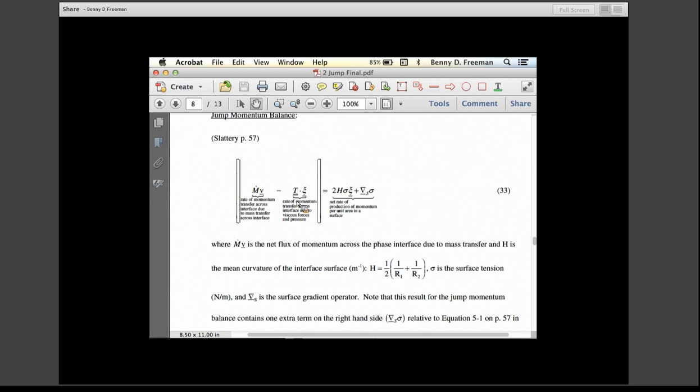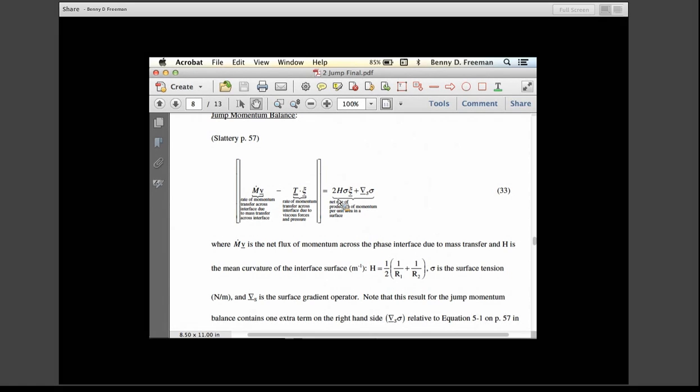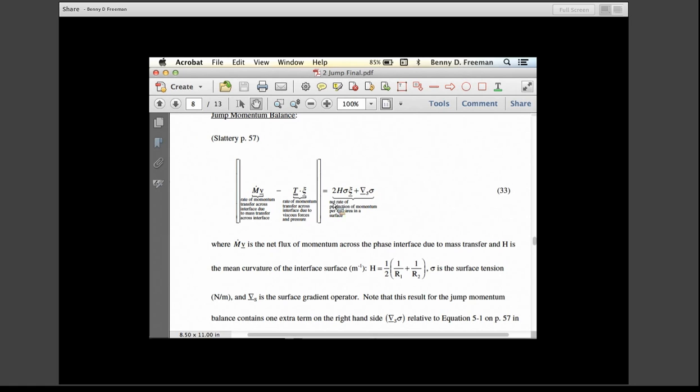You can also, in the case of momentum, produce momentum as a result of surface tension-driven forces, and we won't spend a lot of time on that just now. But the main thing here is to understand that the same approach that we use for mass balances can be used for energy and momentum balances as well.